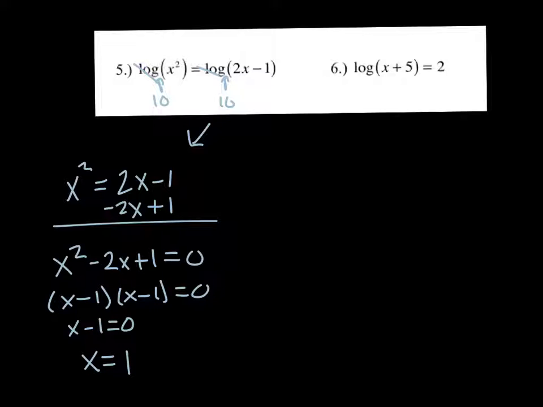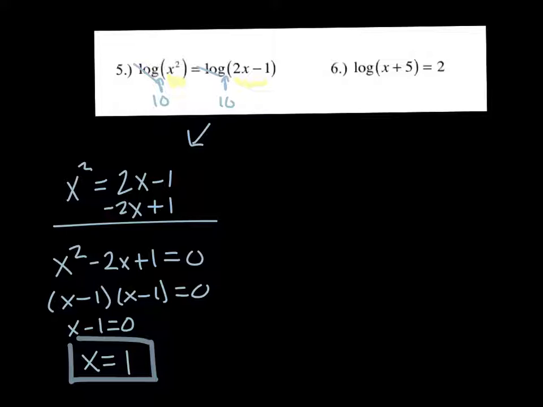And remember, just check and make sure that positive 1, when you plug it back in up here, doesn't give you a negative inside that argument, inside the parentheses. So 1 squared is 1, and 2 times 1 is 2 minus 1 is 1. So positive answers, good to go there. It is possible to have no solution. That is a possibility.